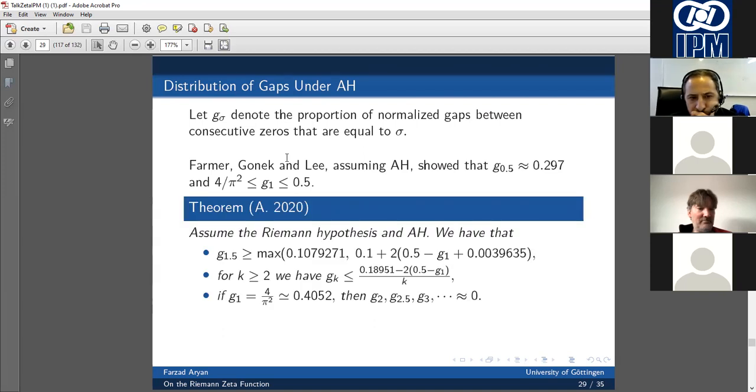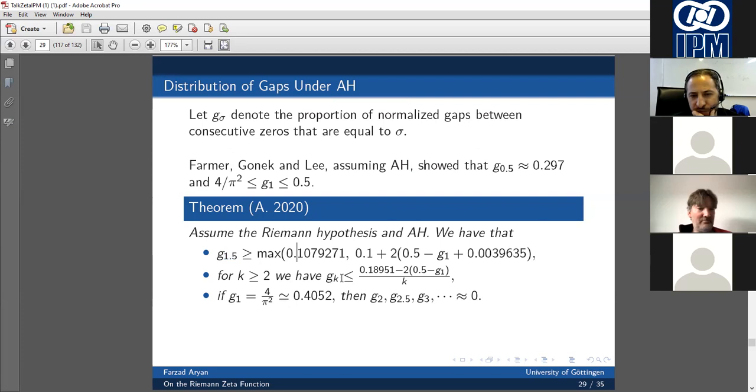So I improved the result a little bit. I proved that if you assume the alternative hypothesis, the number of gaps of length 1.5 would be at least 10%.